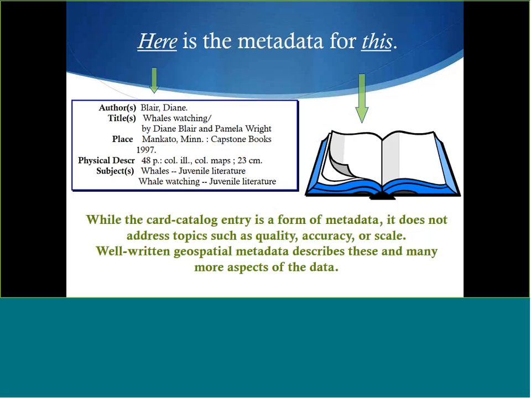So it'll tell you, for example, the title of the book, the authors, where it was published, and the physical dimensions of the book, like is it a big book, little book. And usually it also includes information using the Dewey Decimal System for where the book is located in the library, so that if you are looking through the card catalog and you want to actually look at the book, you'll know where to go in the library to find it.